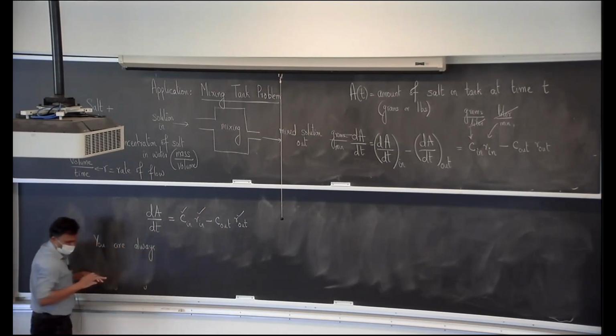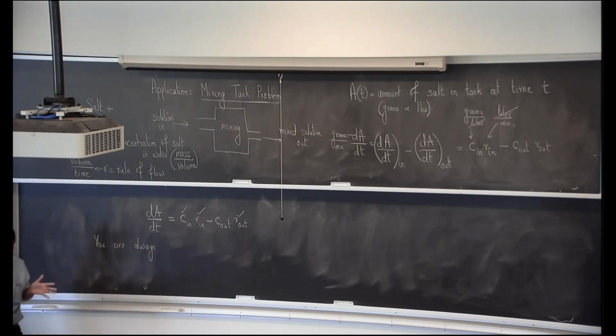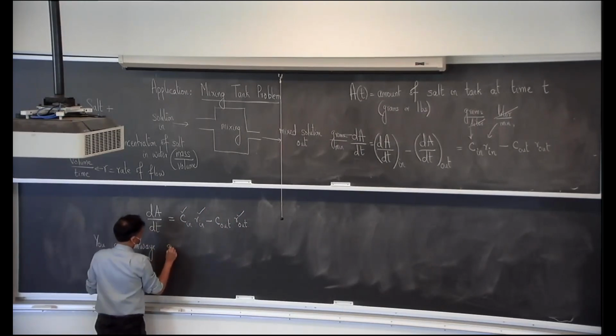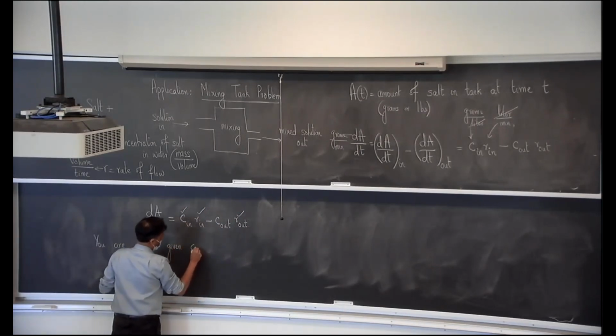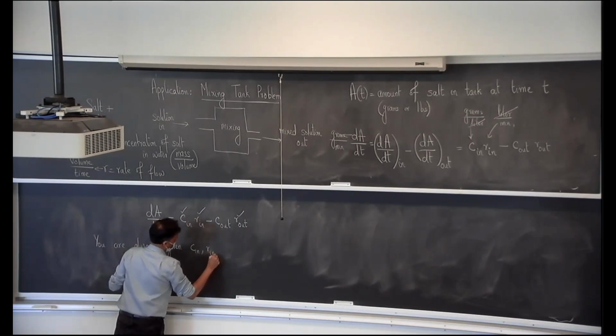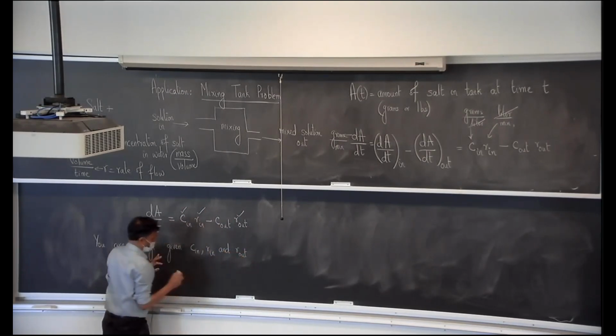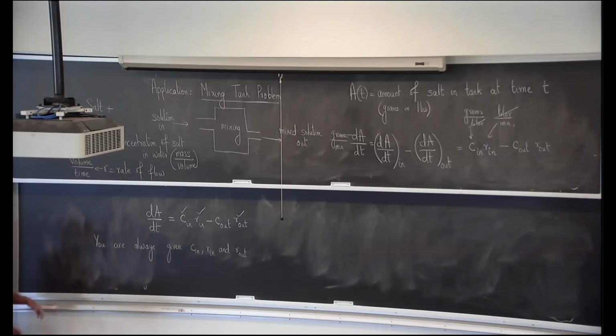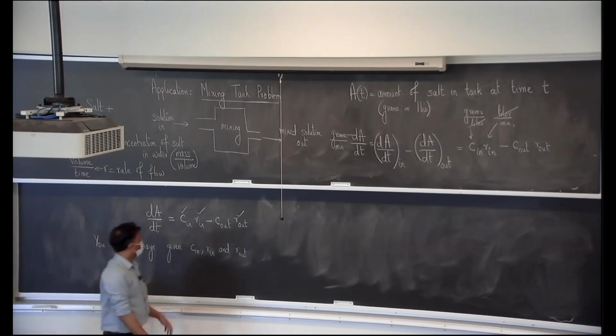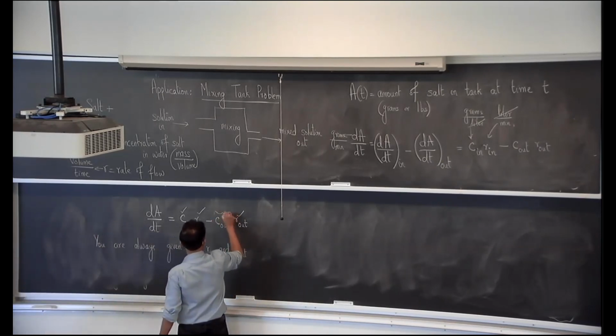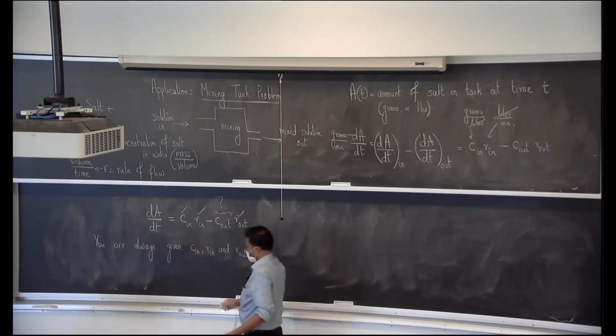Sometimes that information may be given to you a little bit indirectly, but you need those three numbers to start the problem: given C in, R in, and R out. Those are numbers, which is good. There is no tricky function or anything, so the equation suddenly becomes a lot easier to manage. What we don't know is C out. Because if you knew that, there would be nothing to solve.